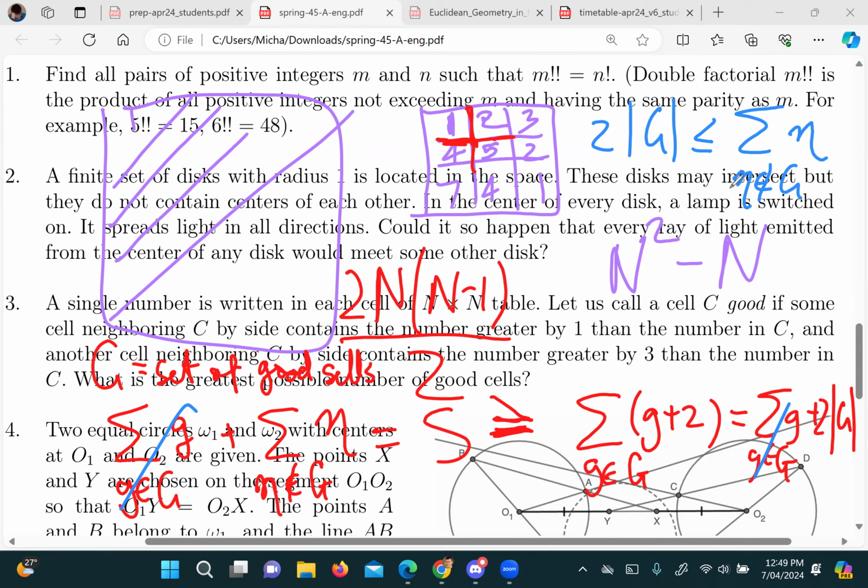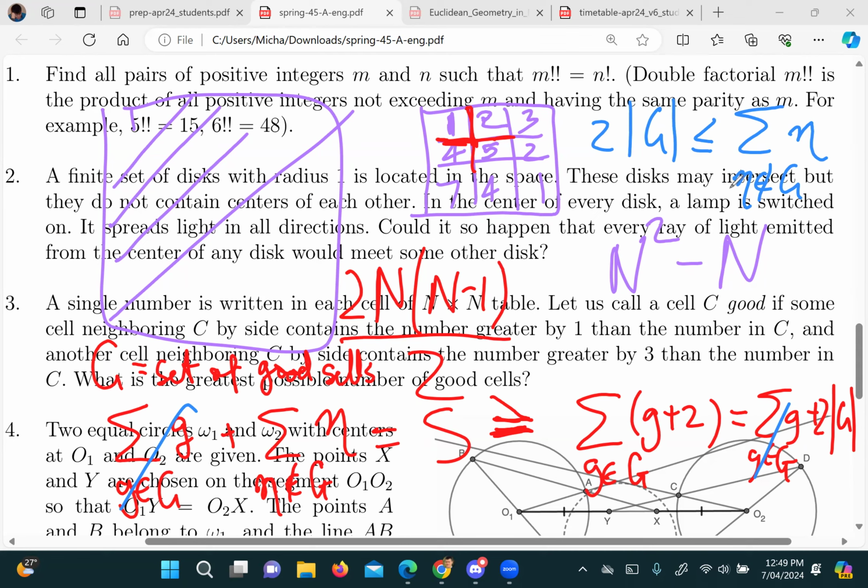That's kind of weird. You have 2, 4, 6. If you have 3, 5, and 7, they add up to 15, right?